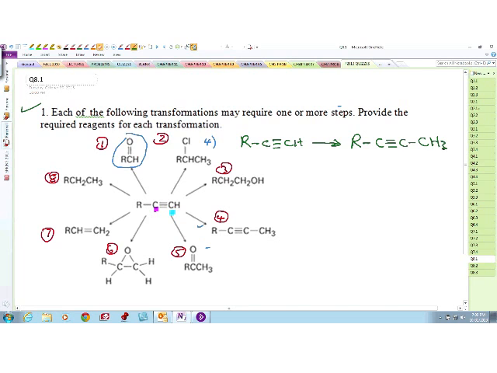You are forming a new carbon-carbon bond, right? In other words, what we're doing here is alkylation. And how do you do that? What reagent do you need for that? Can you go from this terminal alkyne to that? Yes. Why not? If you have your sodium amide, that gives you this acetylide type anion.